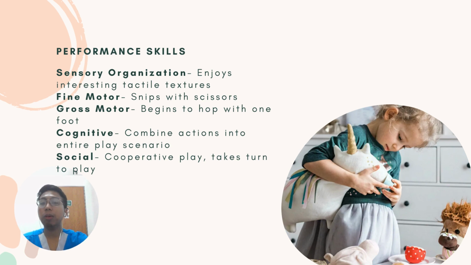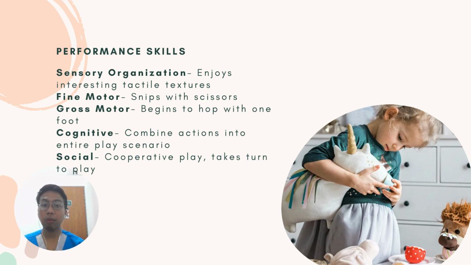And then fine motor would be snips with scissors. Around this age, they have developed a tripod pinch when using scissors to snip. And gross motor, they begin to hop on one foot, because at first they jump, but this time the focus is on hopping with one foot.